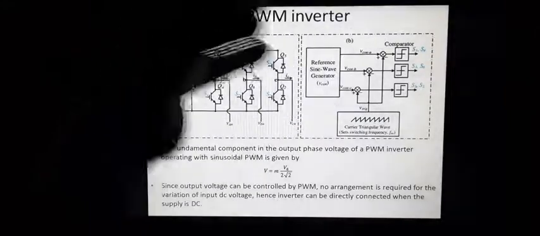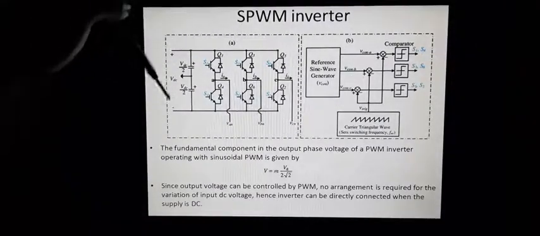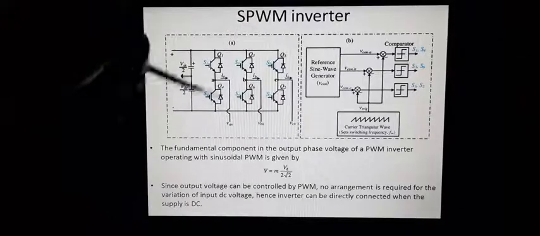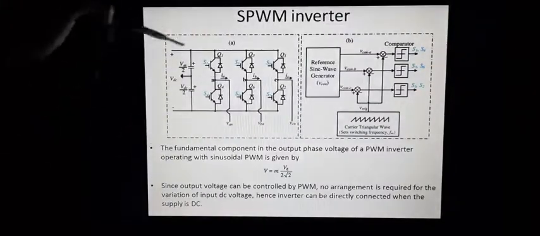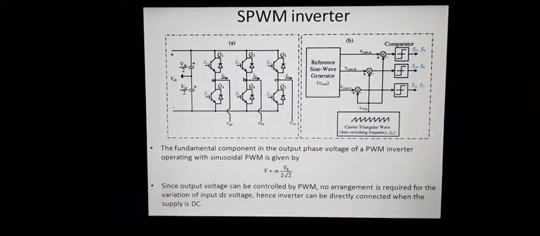The control signal obtained here is given directly to switch S1. The signal provided to S4 goes through a NOT operation, so you get the complement of the control signal given to switch S1.